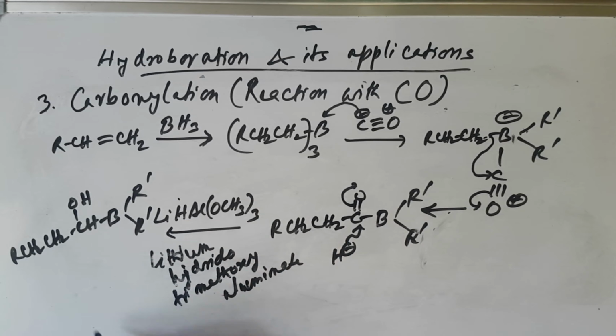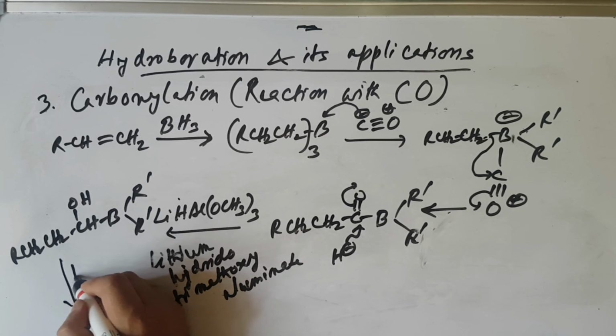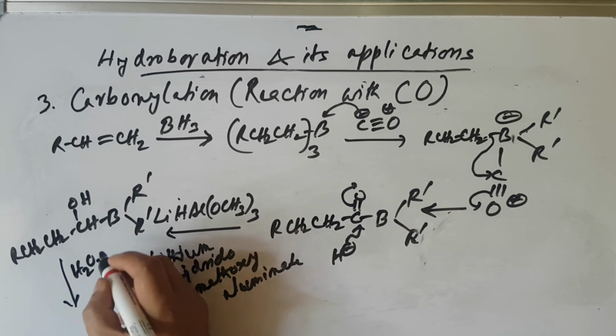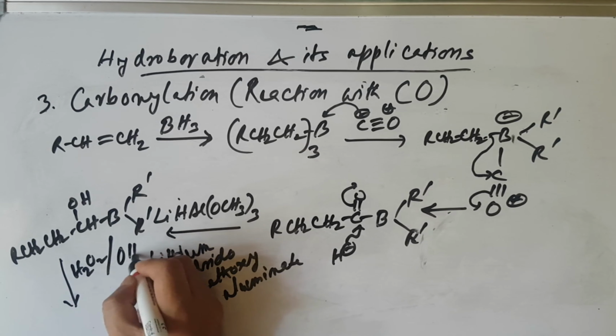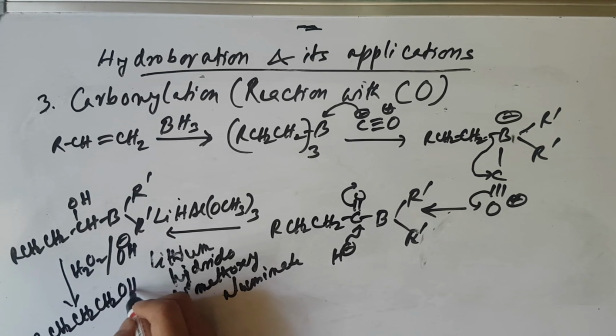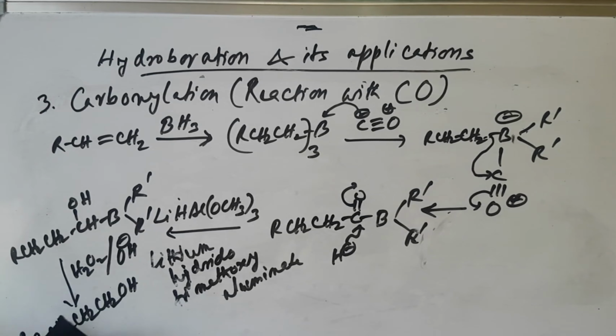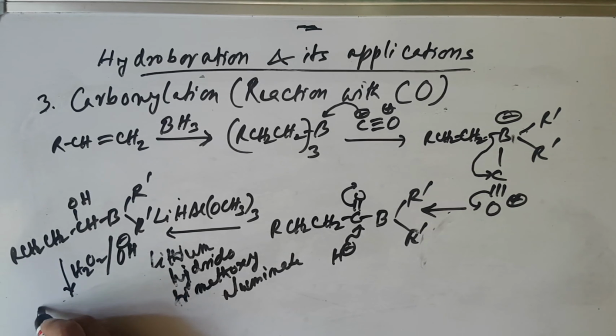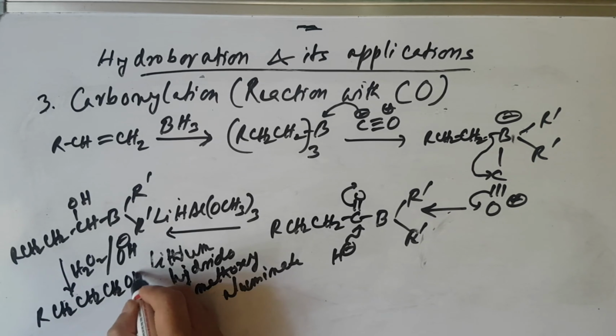And when you oxidize this with hydrogen peroxide, unlike earlier, in the presence of sodium hydroxide, the alkali, we get this alcohol, CH2, CH2, CH2OH. So finally, oxidation of this will give RCH2, CH2, CH2OH, alcohol.